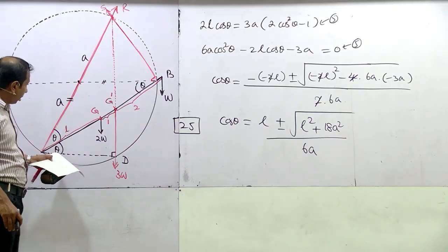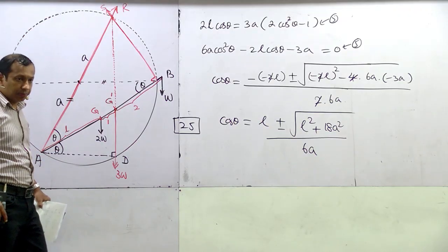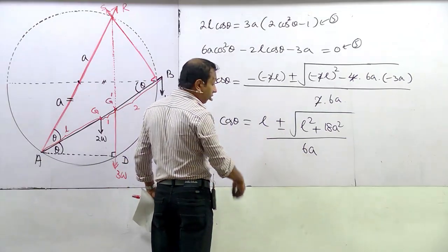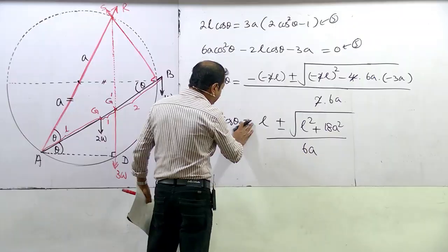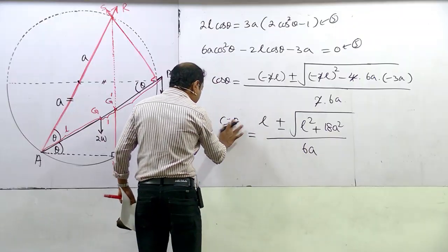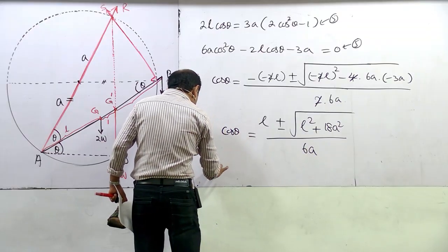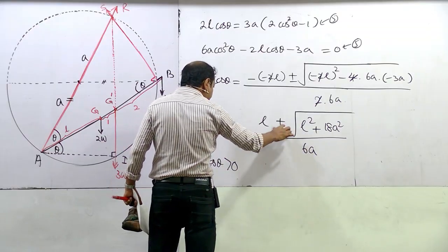But this theta is an acute angle, therefore cos theta should be positive. If you select the minus sign, the numerator will be negative and cos theta will be negative. This is impossible. Therefore, cos theta should be positive, so select the plus sign.